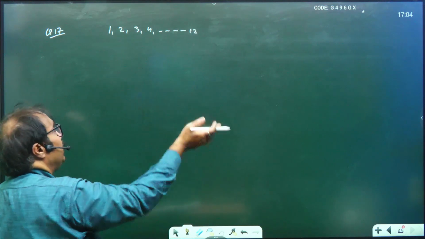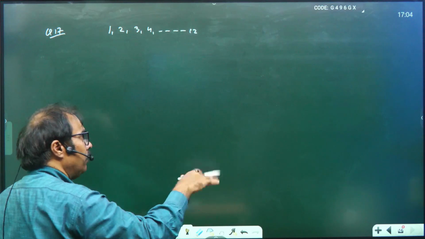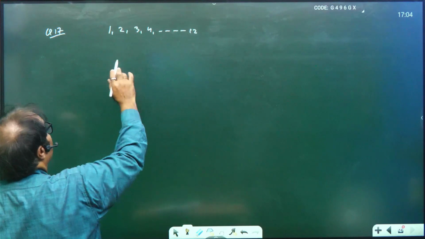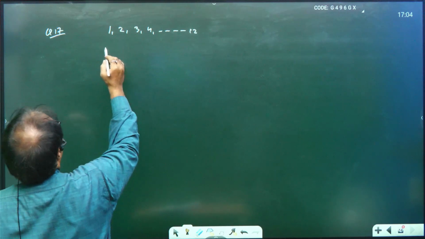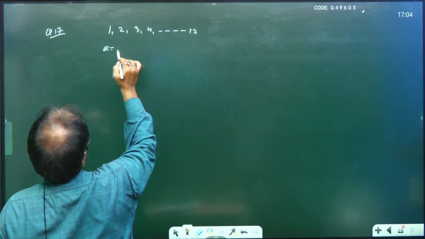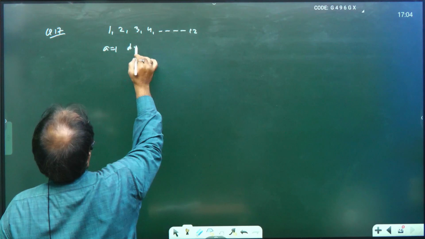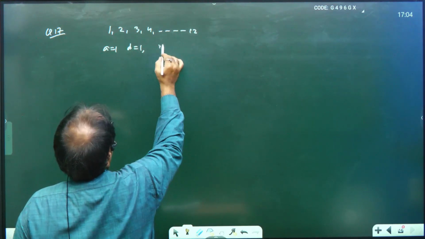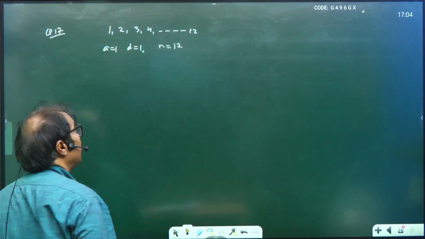So either multiply it by 3 first or last, as you like. So here the value of a is equal to 1. And what about d? d is equal to 1. And n is equal to 12.